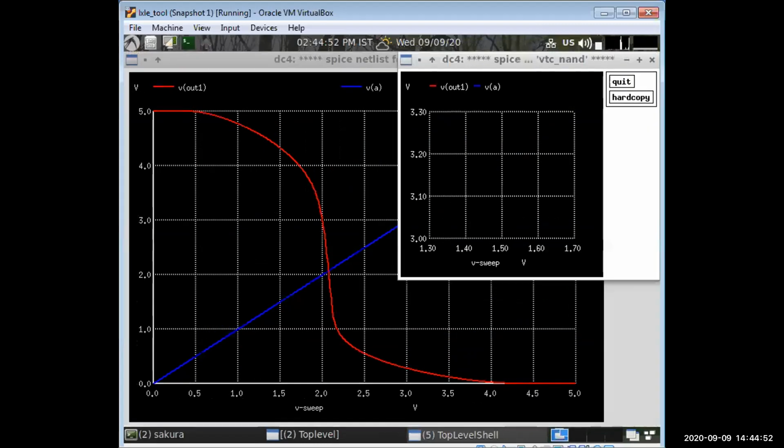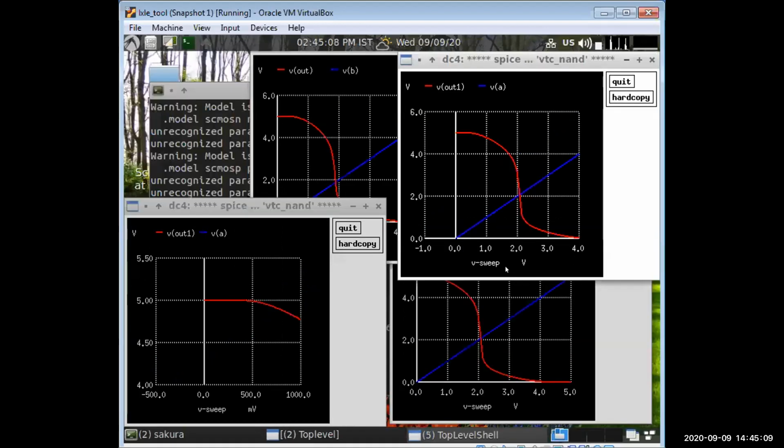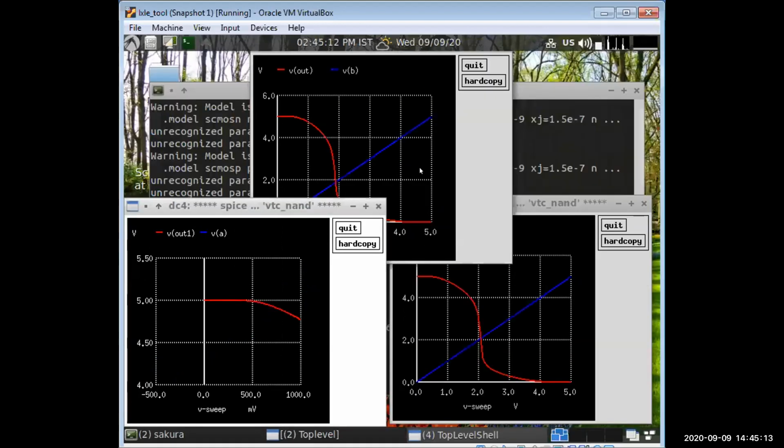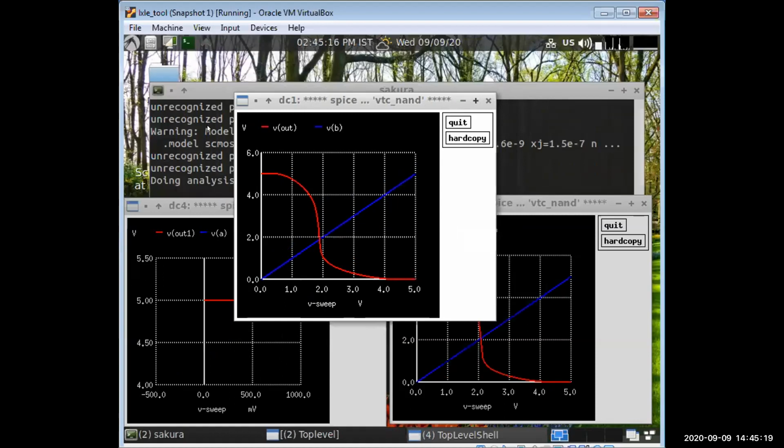This one is for A. Okay, this is coming beyond 2. Now, the B. B is less than 2.